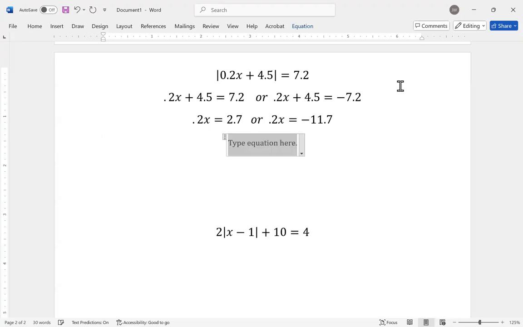So that first equation becomes x is equal to 13.5. The second equation becomes x is equal to negative 58.5. So those are the two solutions to this absolute value equation.